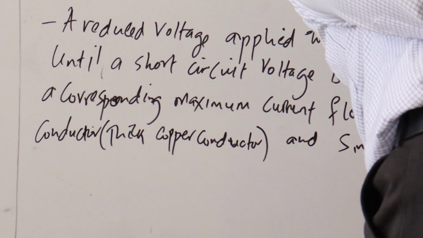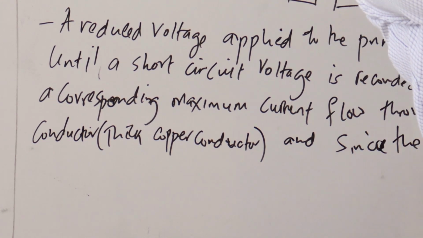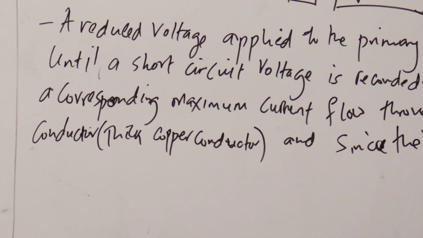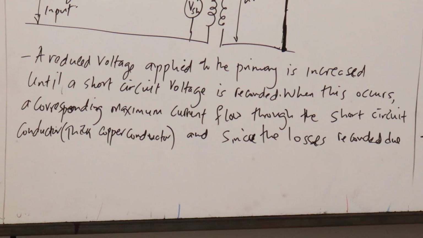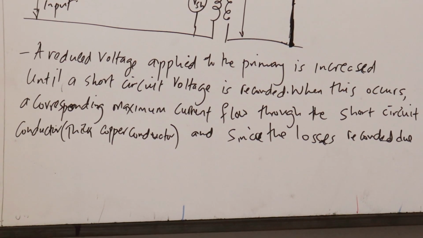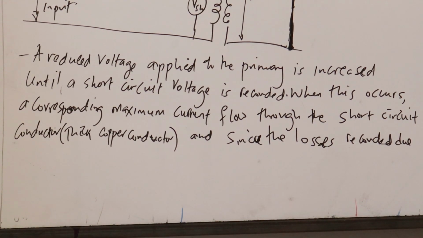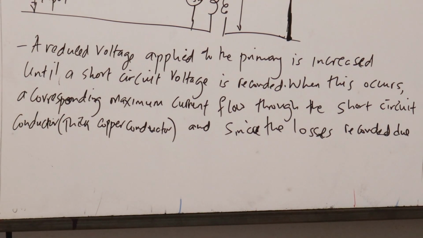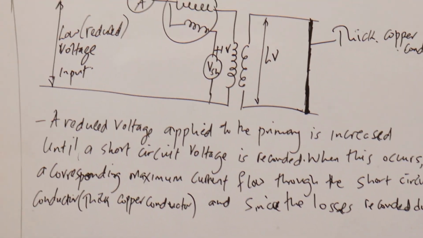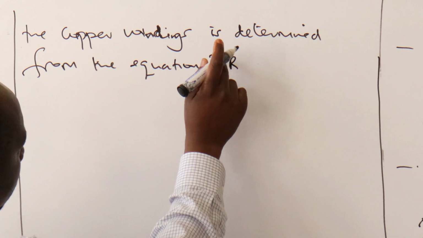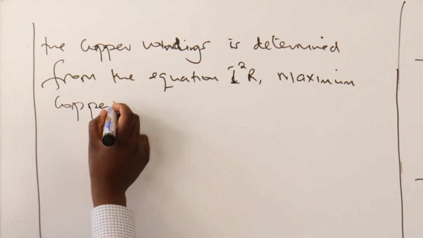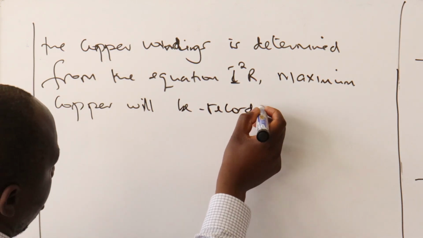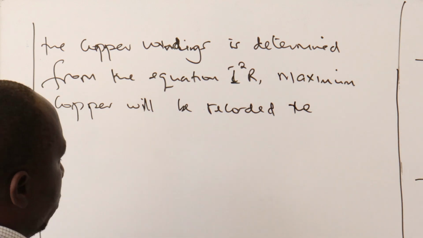And since the losses recorded due to the copper windings are determined from the equation I squared R, the maximum copper losses will be recorded by the wattmeter.